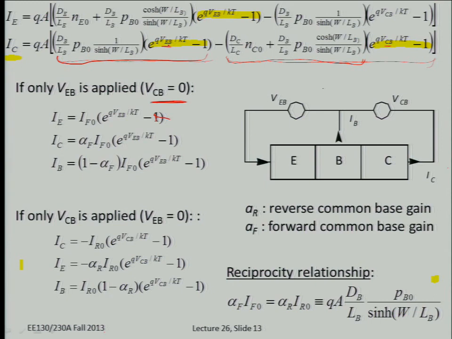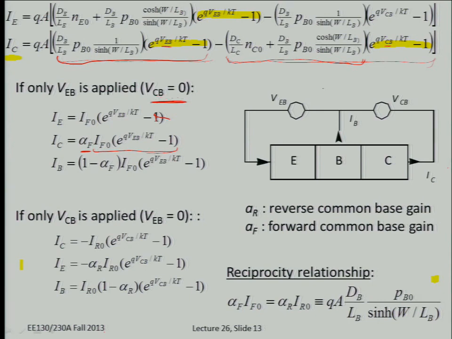But only a fraction of the base emitter PN junction current actually makes it to the collector. Only a fraction gets collected. So that's why you have this alpha F, like the alpha forward common base gain. It's just some factor less than 1. So some fraction of the normal emitter base PN junction current actually makes it to the collector. Okay.